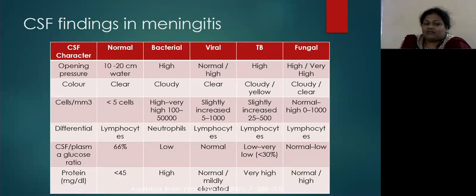While viral, you'll have a near normal glucose with lymphocytes, so slight cells, and a mildly elevated protein. Fungal, your opening pressure will be very, very high, maybe cloudy, maybe clear, with a count which is not too high with lymphocytes, and low glucose. And the protein may not be as elevated as in a TB.